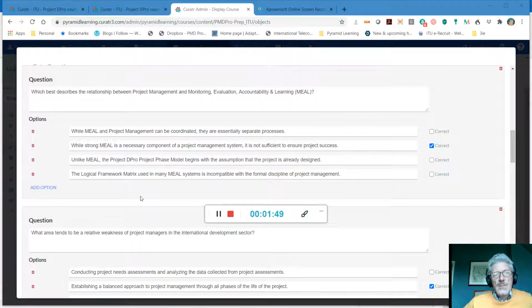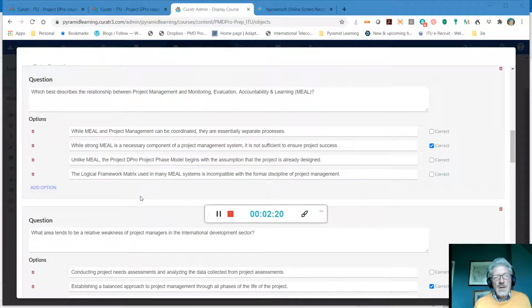What's the relationship between project management and MEAL, or monitoring, evaluation, accountability, and learning? Okay, first option, MEAL and project manager can be coordinated, but they're essentially separate. No, they're not. That's simply false. So it's not the right answer. They very much need to be coordinated. The correct answer is B. Strong MEAL is necessary, but it's not enough. And you could say that's obvious.